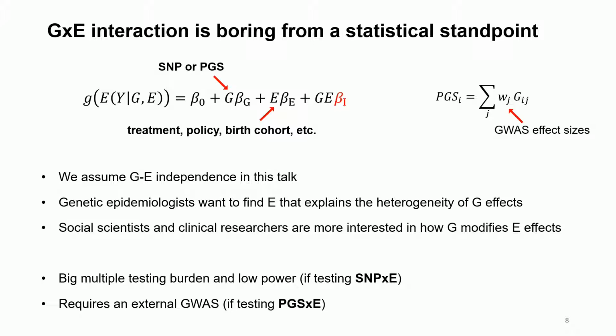And just to make sure we're on the same page, when I said polygenic score earlier, it's shown on the right-hand side. This is what I meant by it. It's essentially a weighted sum of allele counts. I is for the ith individual, J is for the jth SNP, and each SNP allele count is weighted by a weight, Wj. Typically people use GWAS effect sizes, those regression coefficients in GWAS, to weight these SNPs.